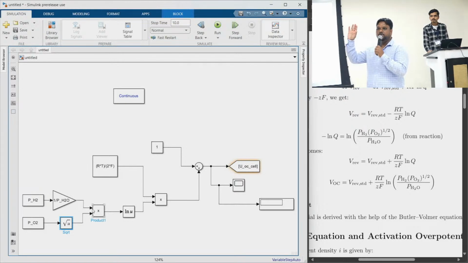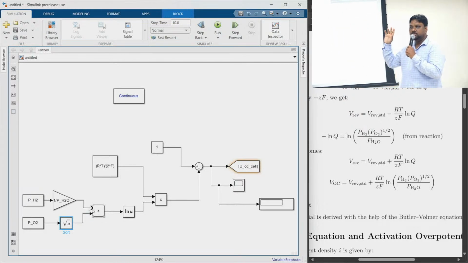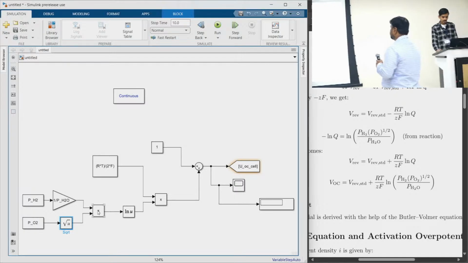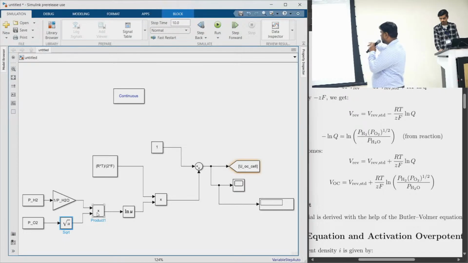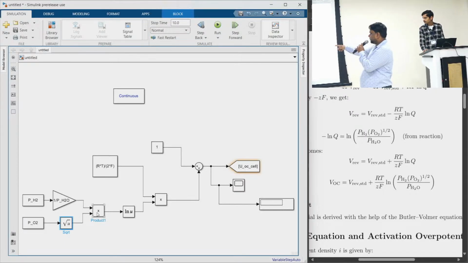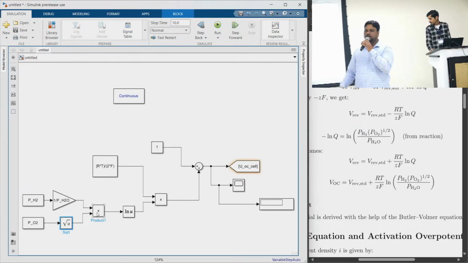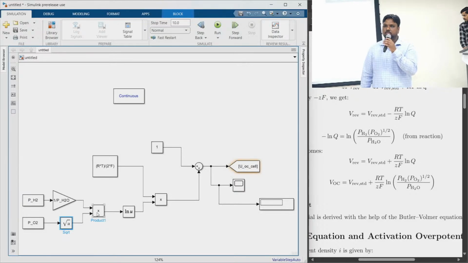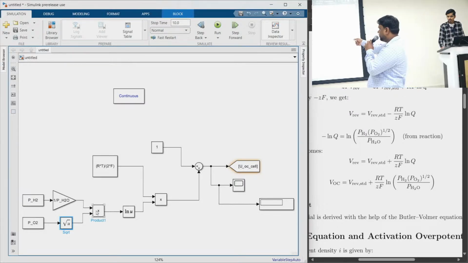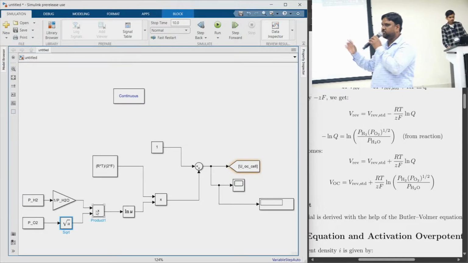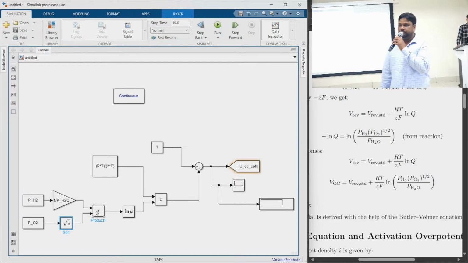So is everyone getting the components, right? Okay. Product. Then as you see in the equation, we are multiplying. So again you just double click and search product. You will get a product block. The same product block you can use the next time. So copy and paste, 2 product blocks we require.